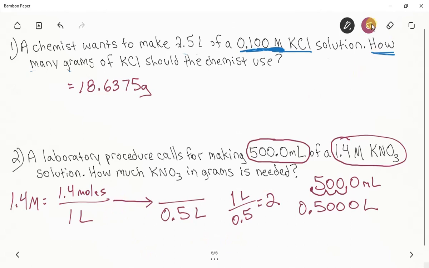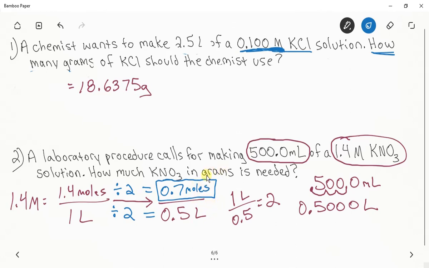So that means our divisor for 1 liter to turn it into 0.5 liters is 2. And so what we do on the bottom, we have to do on the top. So 1.4 moles divided by 2 is 0.7 moles.